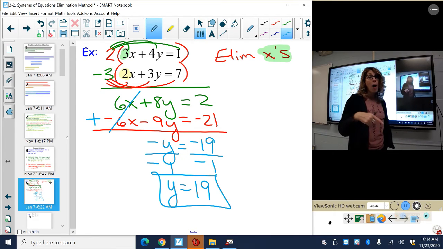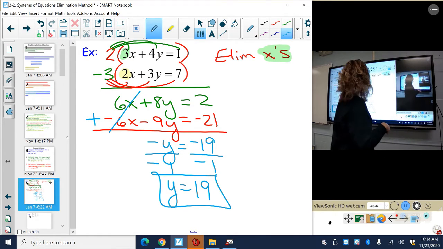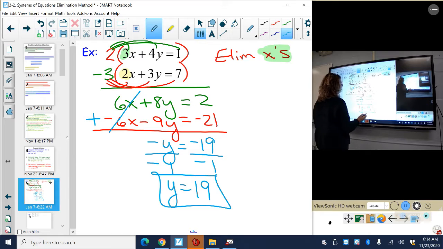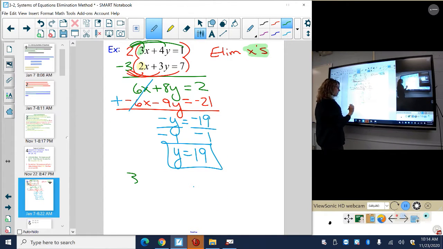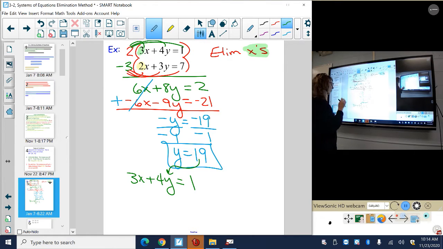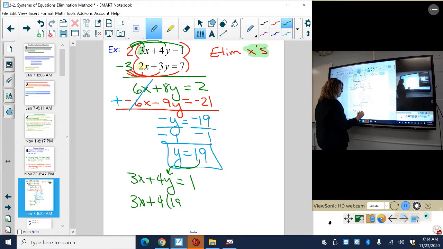So now that I know what y is, I'm going to go back to one of the original equations. I'm going to simply take the top equation. So that's 3x plus 4y is equal to 1. And I'm going to plug in y. So I have 3x plus 4 times 19 is equal to 1.